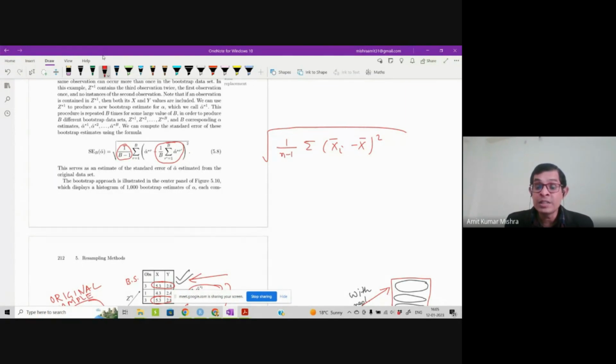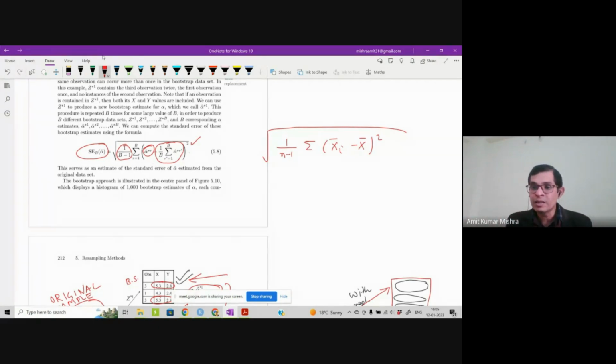That means this is the average. Then from individual numbers, you are subtracting the average, taking the square, summing all of them, multiplying by 1 upon B minus 1, and taking the square root. So this is the standard error of alpha hat based upon bootstrap samples.